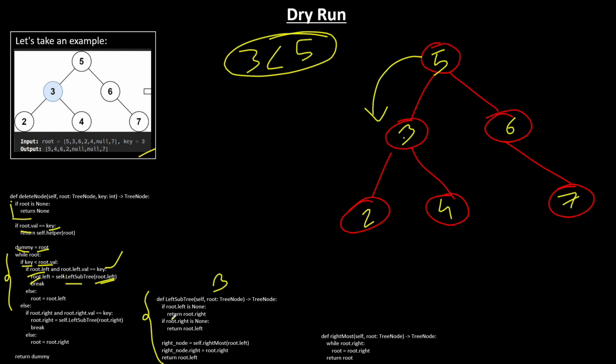Now, is root left none? No. Is root right none? No. Right node is a new pointer which will have the rightmost function called with root left. So this is the root, and its left is 2, correct? So you pass 2 here. So in the rightmost function, you have 2. While root right exists, root equals root right.